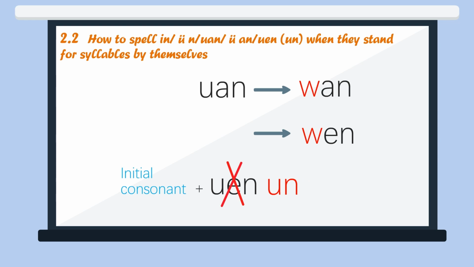For example, the English word swallow in Chinese is tun. It's written as tun, instead of tuen. We will drop the e. Did you learn it?